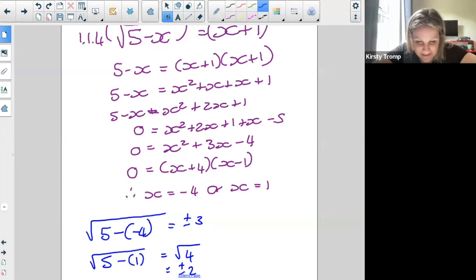x equals -4 is not right because both sides aren't equal. When we sub it in, both sides must be equal. Okay, so explain to me. So I've got 5 minus -4, which gives me 3.